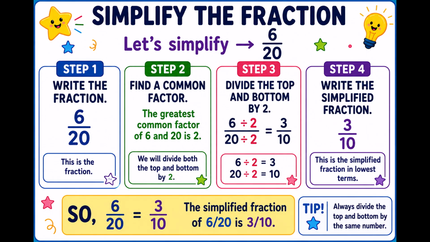This is why in step 3 you see 6 divided by 2 and 20 divided by 2, and the answer is 3/10.